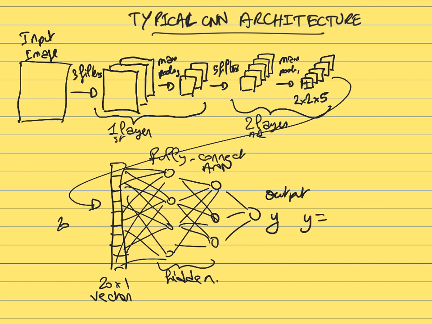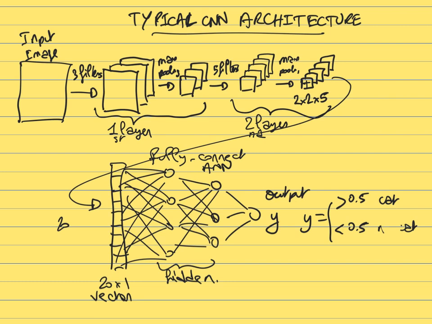And as a reminder, in this case, if y is larger than 0.5, then it means that a cat has been detected. If y is lower than 0.5, then there is no cat, or no crack, or whatever the pattern, whatever the objects that you are trying to detect in this case.